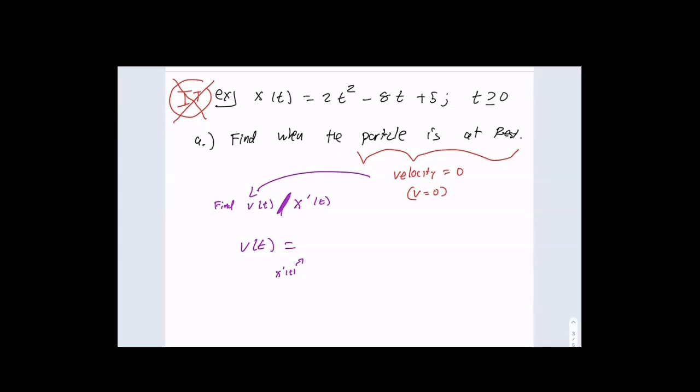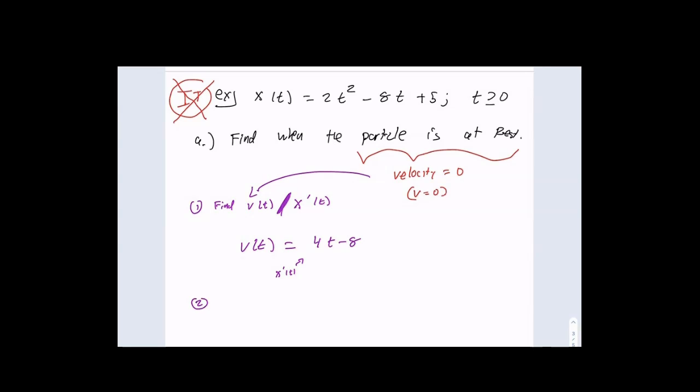Even easier than the previous one, I would say. What is the velocity function? 4t minus 8. 4t minus 8. Good.